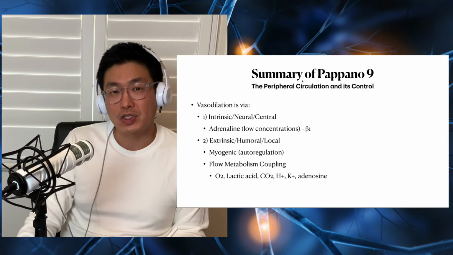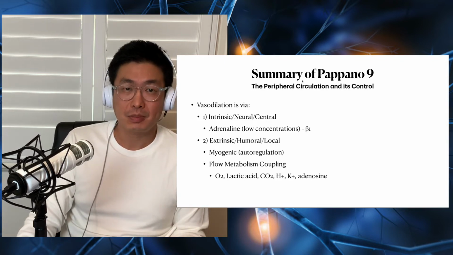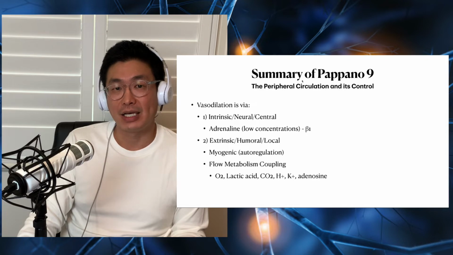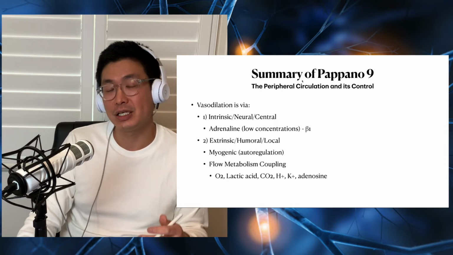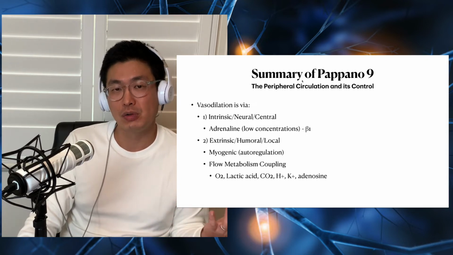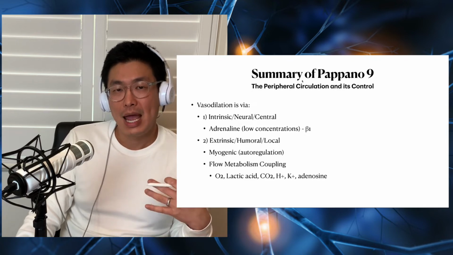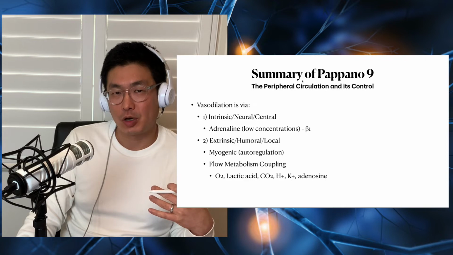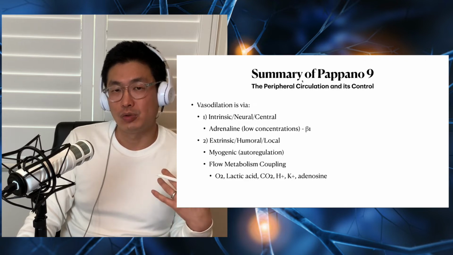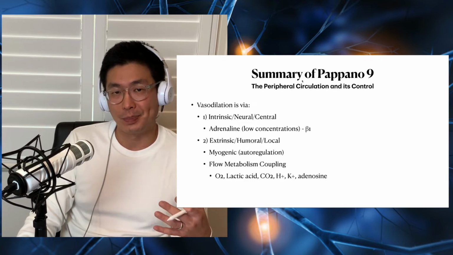I've really just focused on vasodilation, which is via intrinsic and extrinsic. The other terms you'll hear about are neural versus humoral or central versus local. And vasodilation, when we talk about intrinsic, is due to low dose adrenaline via beta 1.